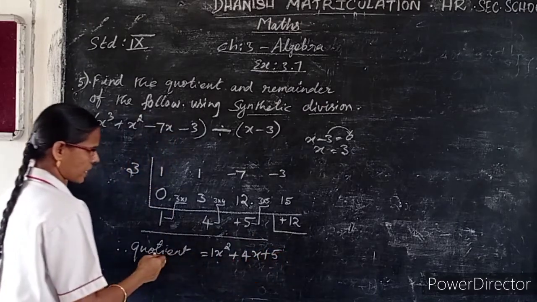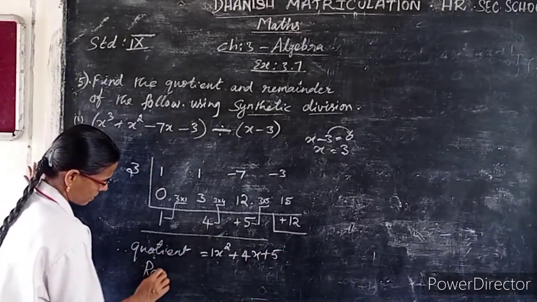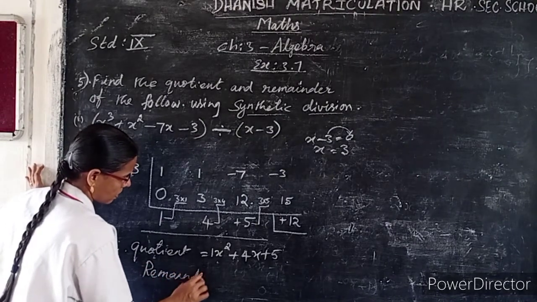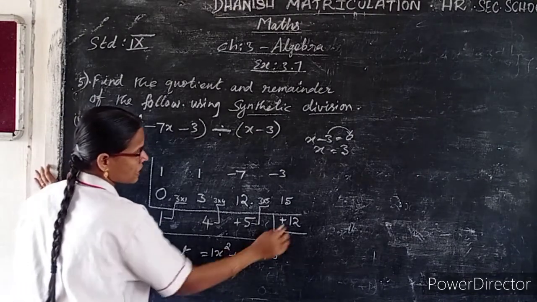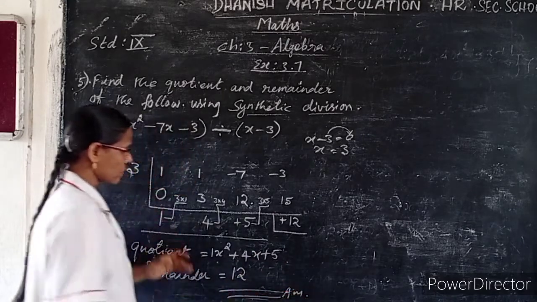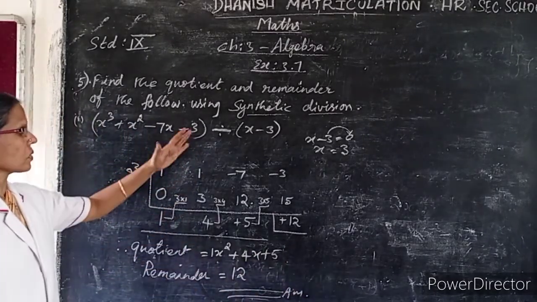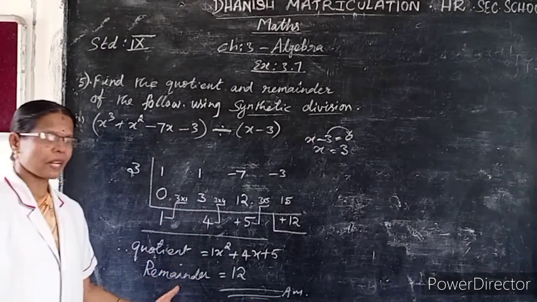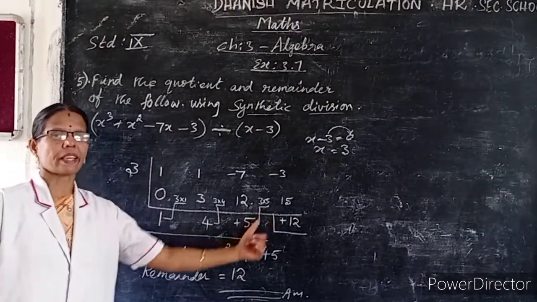This is our quotient. Remainder is plus 12. So this is our answer. Without using the long division method, we can find the quotient and remainder by using the synthetic division method.